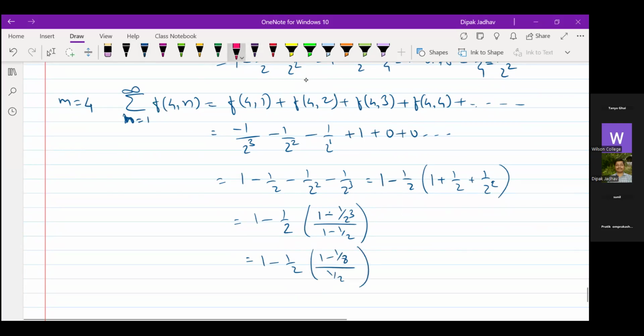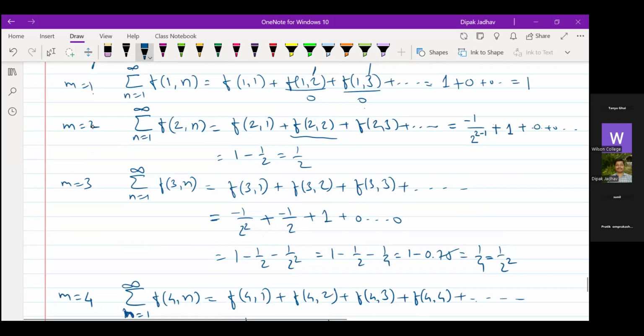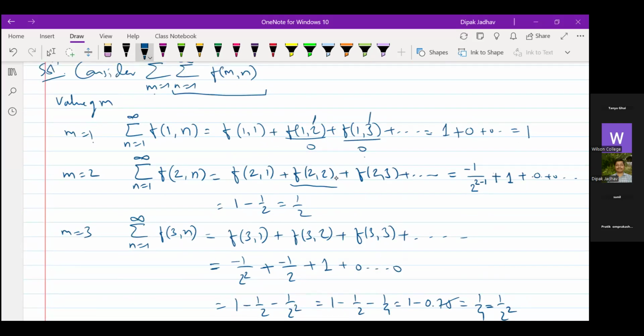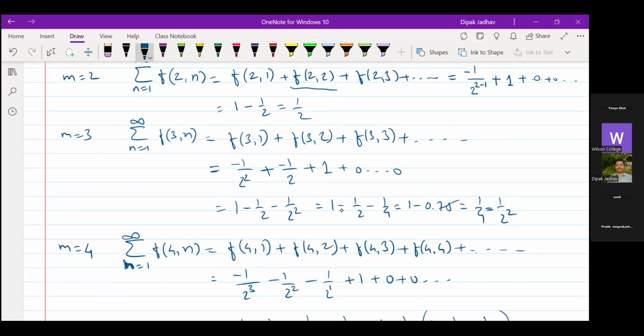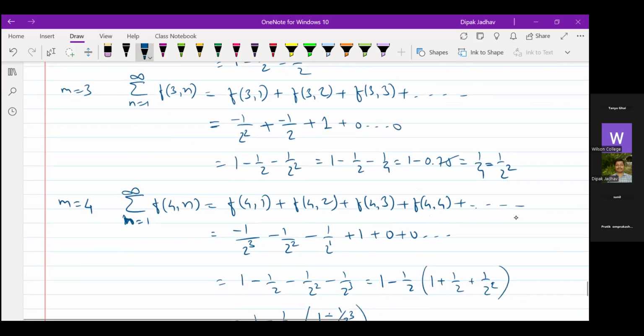So this 1 by 2 gets cancelled with this one. What you're left with is 1 minus 1 plus 1 by 8, which is 1 by 2 cube. Okay, good. So for m equal to 1, we have 1. M equal to 2, we have 1 by 2. M equal to 3, we have 1 by 2 square.